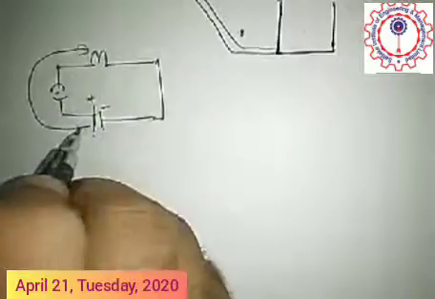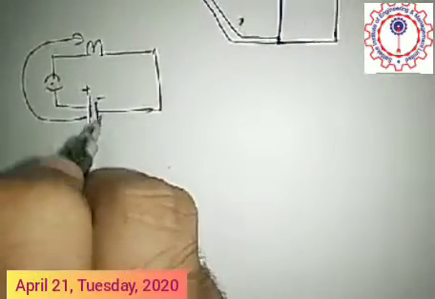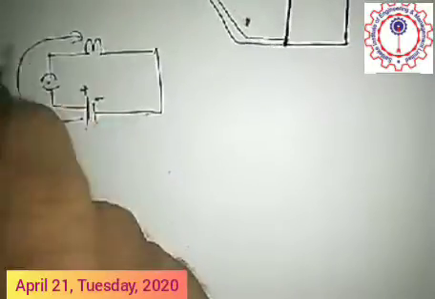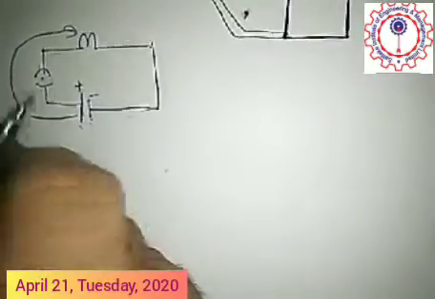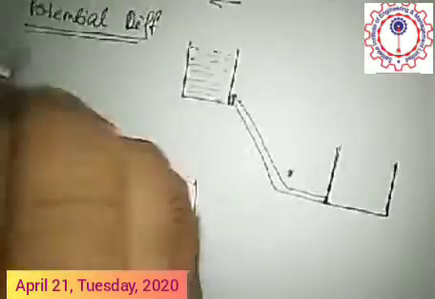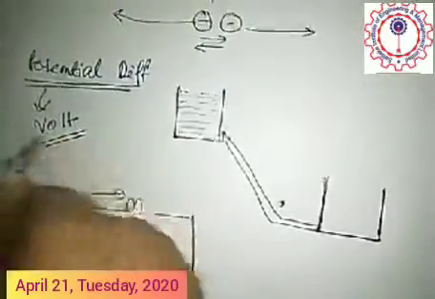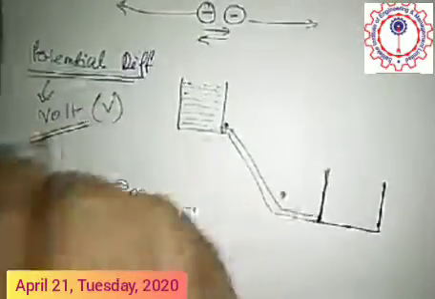The current flows from the positive to the negative terminal, meaning from higher potential to lower potential. Without potential difference, the current cannot flow. So this is called the potential difference, and its unit is volt. The unit of potential difference is volt and is denoted by capital V.